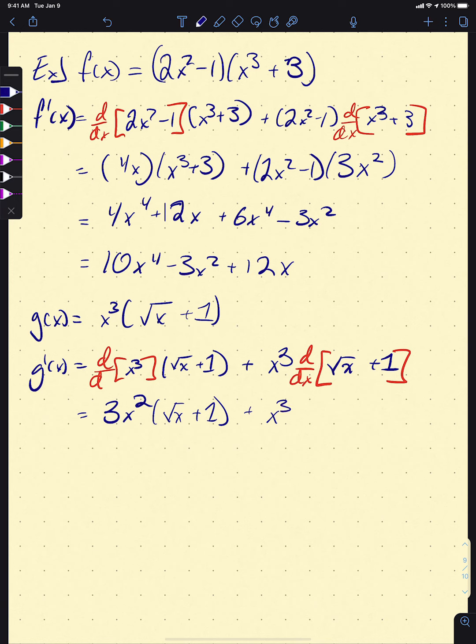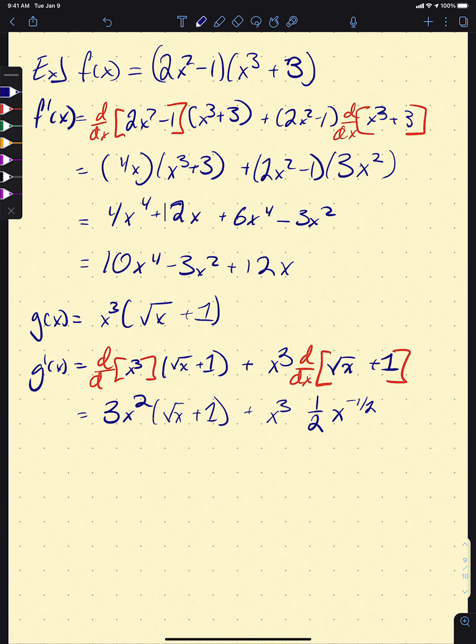Then we're adding to that x cubed times the derivative of the square root of x. The square root of x is x to the 1/2. So if we're trying to take the derivative of x to the 1/2, our 1/2 is going to come down, and we need to subtract 1. 1/2 minus 1 is negative 1/2.